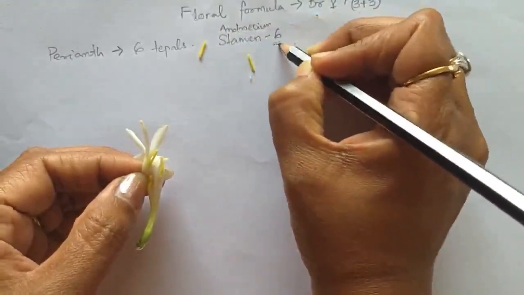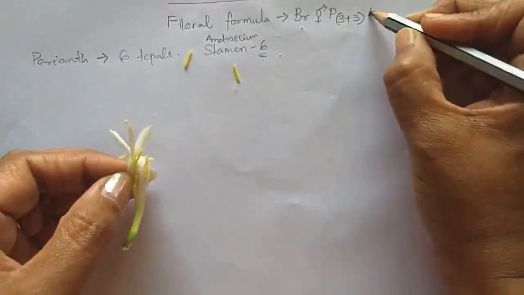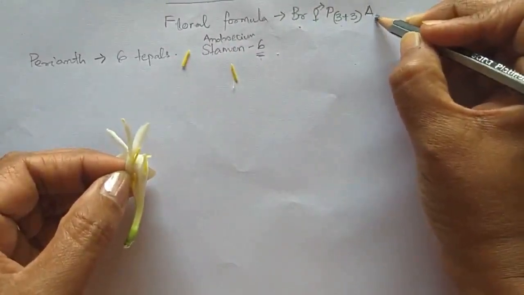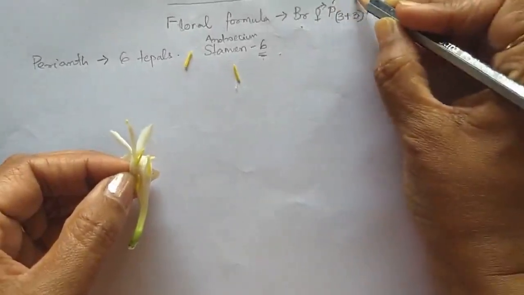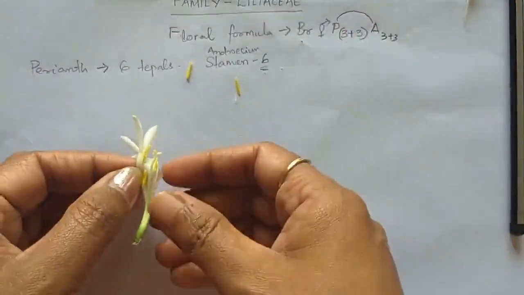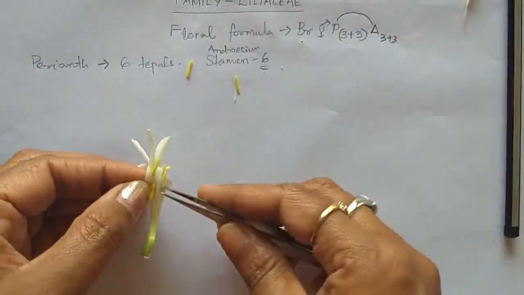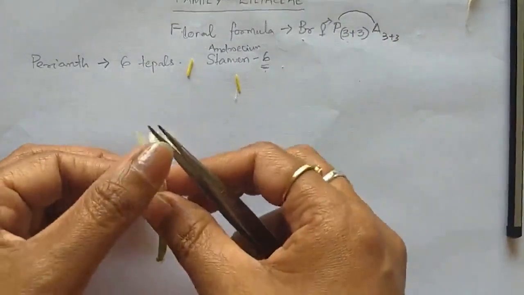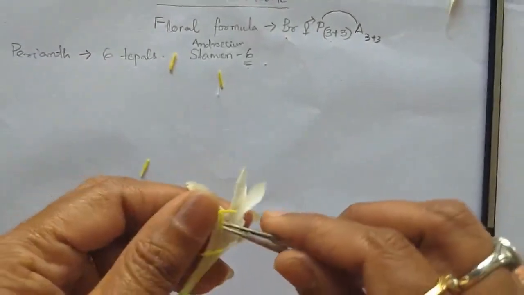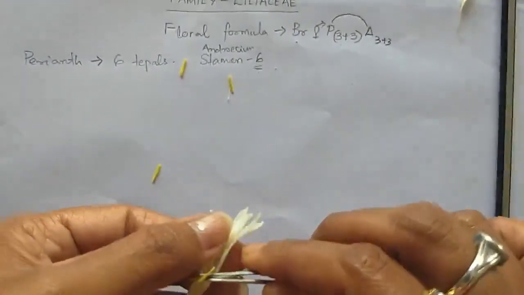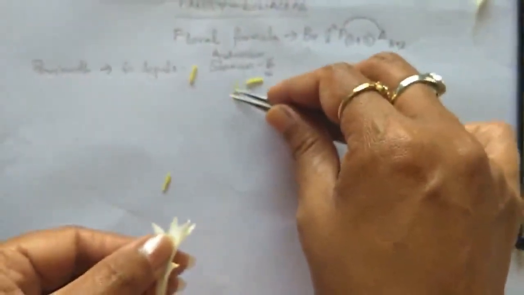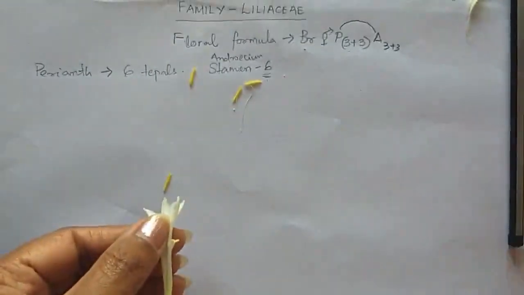Androecium, which includes 6 stamens. Now one by one you will remove all the stamens. As it is an old flower, plucked very early, they have just dehisced. Like this you will remove all 6 stamens in the examination.